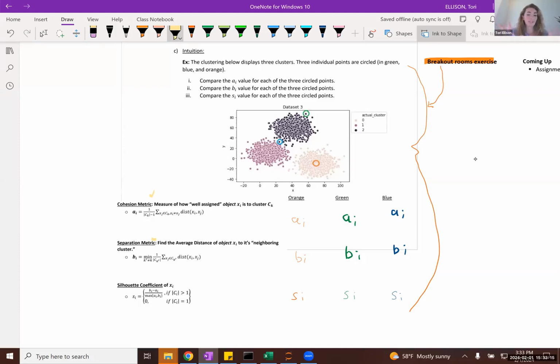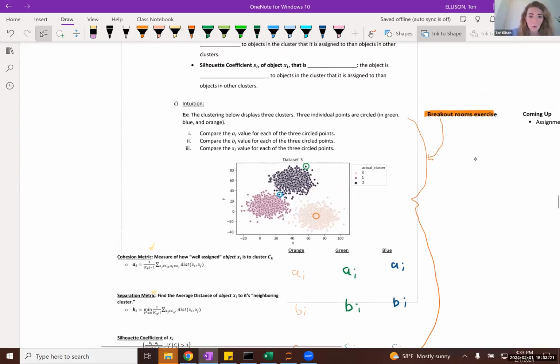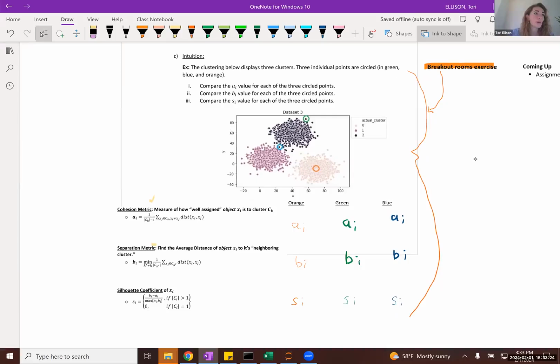So one specific type of graph-based definition of cohesion and separation is utilizing what we call the silhouette score. You want to remember we calculate the silhouette score of each observation in a data set for a given clustering of that data set.